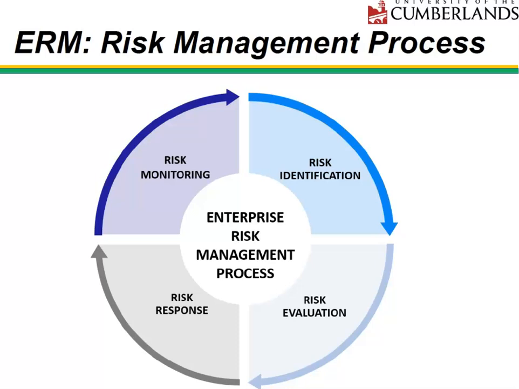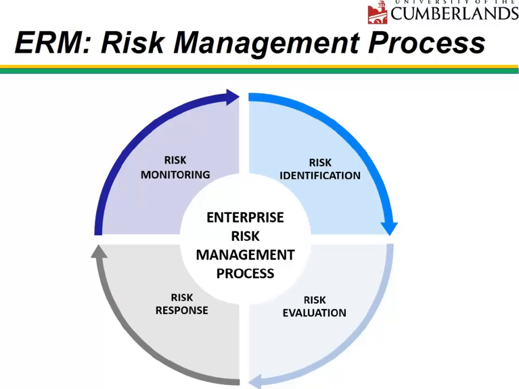This diagram shows you a visual representation of the ERM risk management process as a continuous cycle with four main components. We start with risk identification. This is where we systematically discover and document the risks and opportunities.